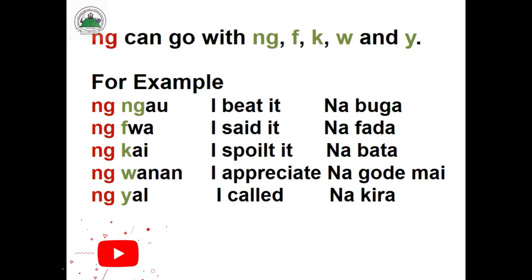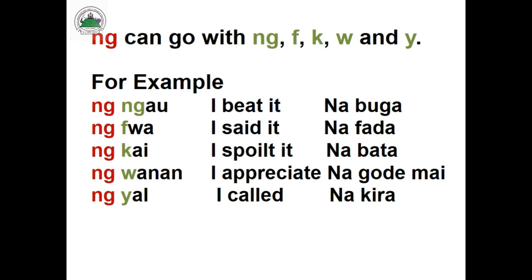The last nasal consonant there is pronounced so, it can go with itself or it goes with the next one, or it goes with k, or it goes with w, and the last one, which is y. So like we said earlier, whenever this one appears in a sentence, which can stand as a word, the next word that follows it will be a word that starts with any of these five.